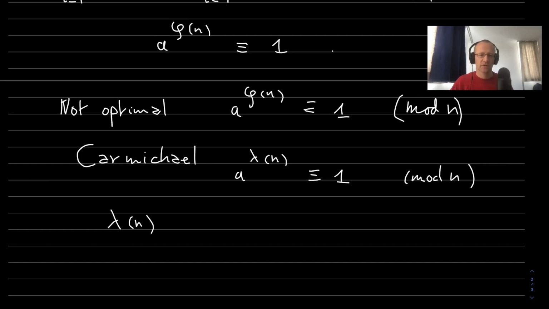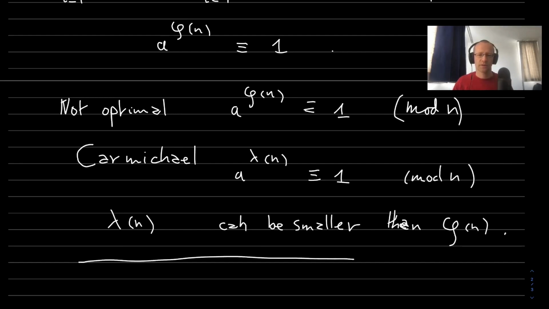And Carmichael's function can be smaller than Euler's totient function. But it won't be treated here.